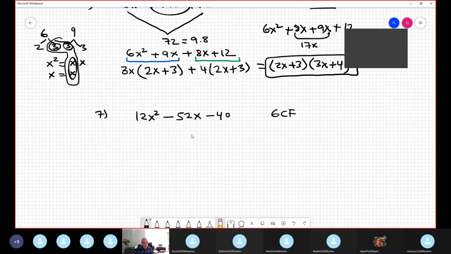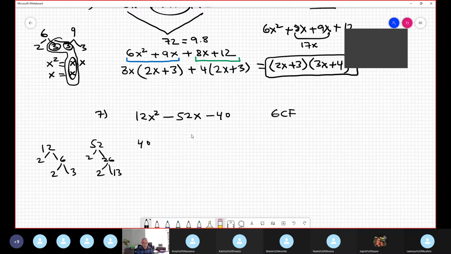12 is 2, 6, 2, 3. 52 is even. You put it in the calculator: 52 divided by 2 is 26, and 26 is 2 and 13, and 13 is prime. Stop.